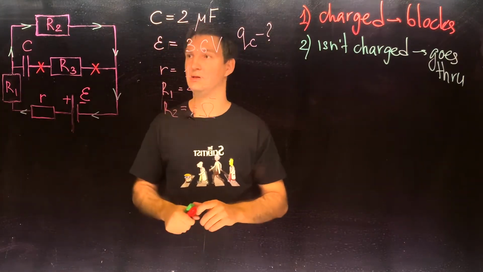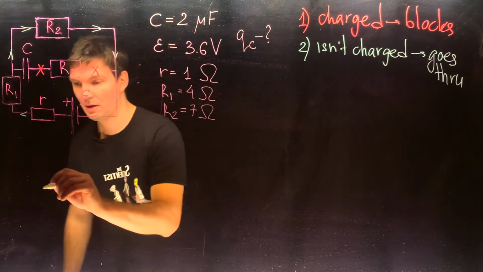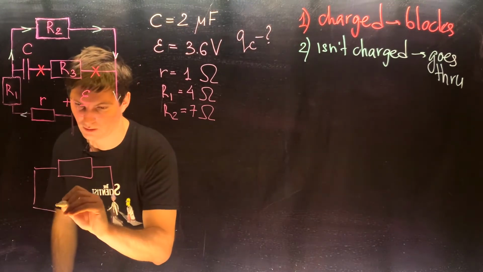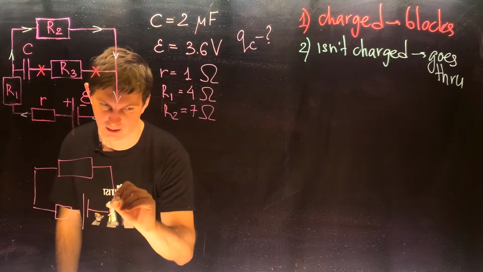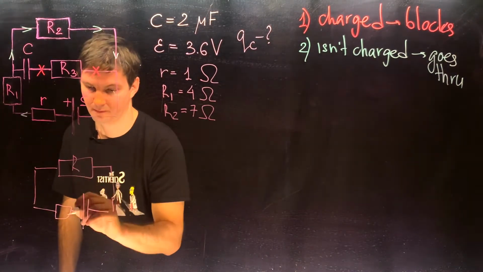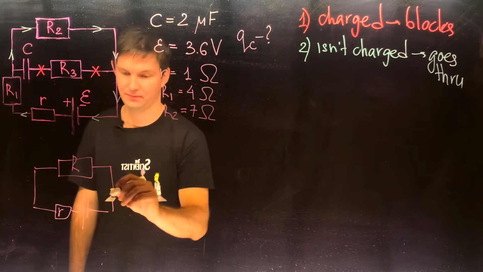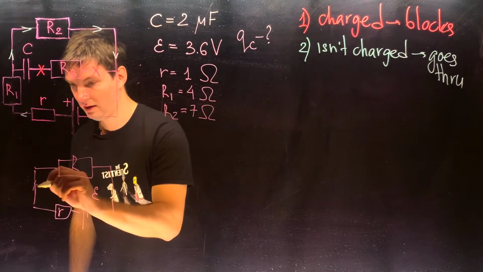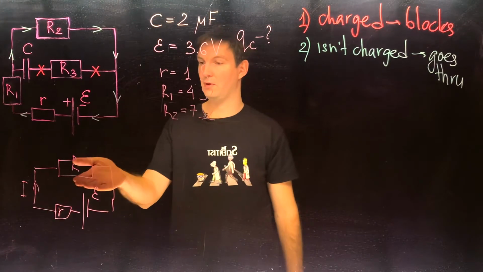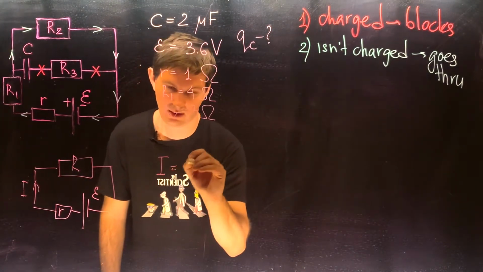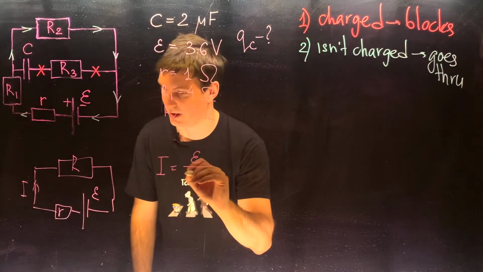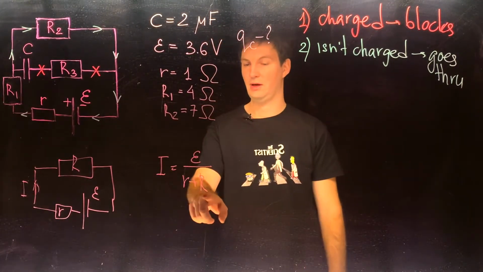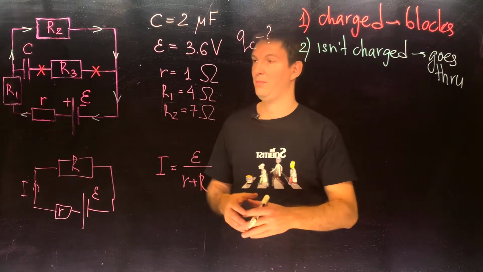According to Ohm's law, the current through a load resistor, here is a load resistor, here is an internal resistor, here is a battery, is E divided by R plus capital R, the internal resistor and the load resistor. Back to our case.